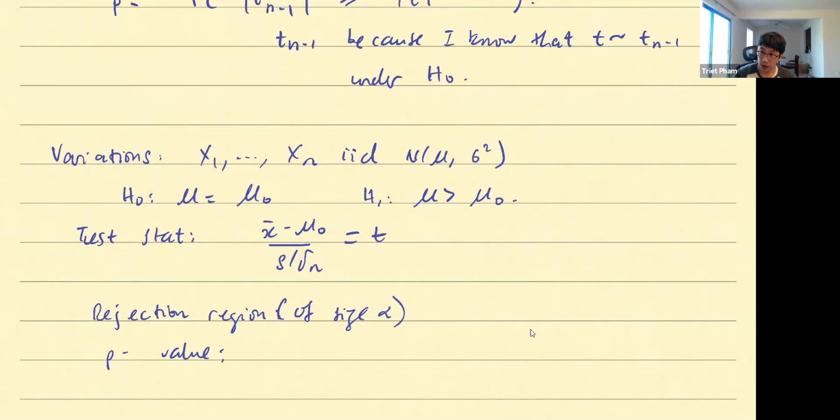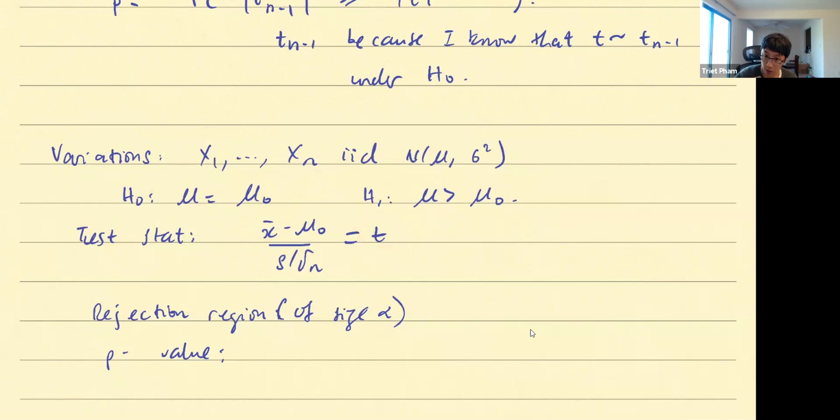So to think about it, remember, what is the distribution of this guy? It should be T(n-1) under the null. When do we reject? The alternative says, because X bar is the estimator for mu, we should reject when this guy is very positive.